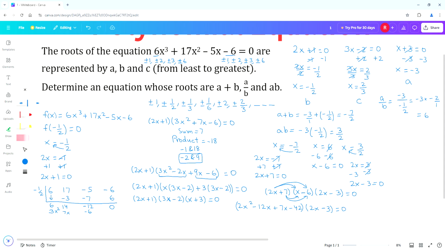Next, we can combine the like terms in the first parentheses. Negative 12x plus 7x is equal to negative 5x.